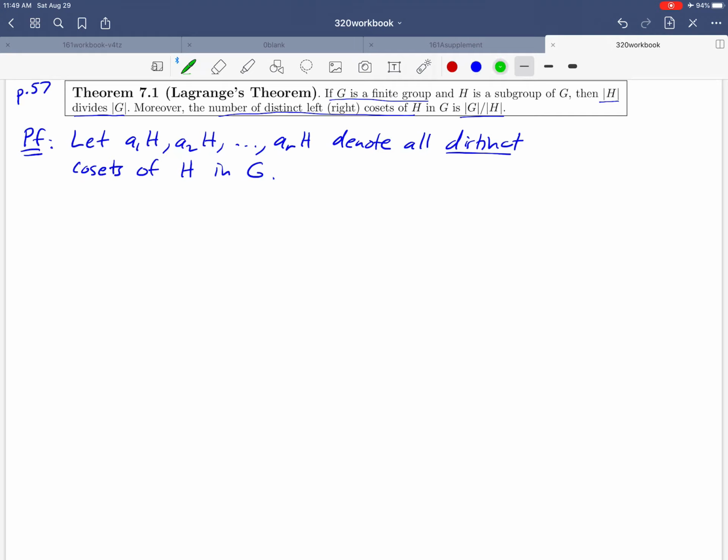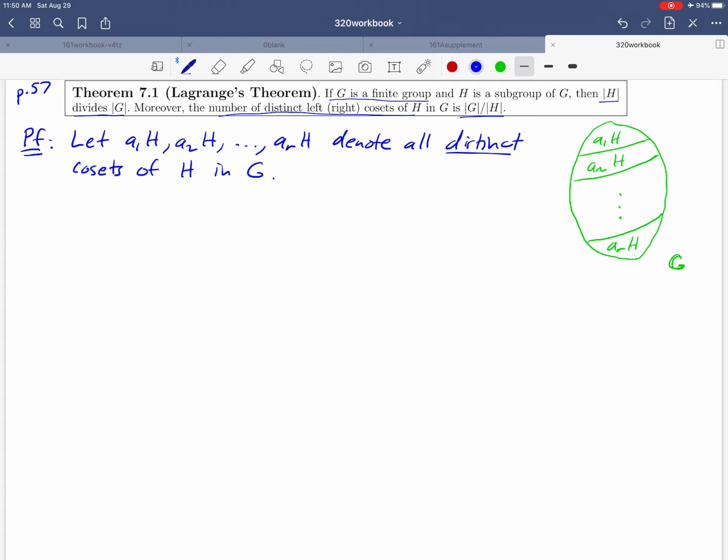And so we can draw the picture that we've drawn a few times already. These cosets have to partition the group. So we've got A1H up here, A2H, and we keep going and eventually we come to the last one, which we called ARH. So there's a visual representation of what our entire group looks like, coset by coset.